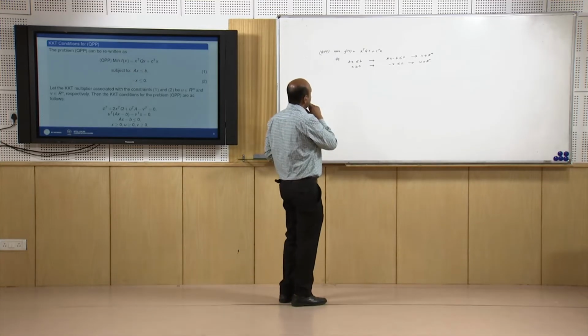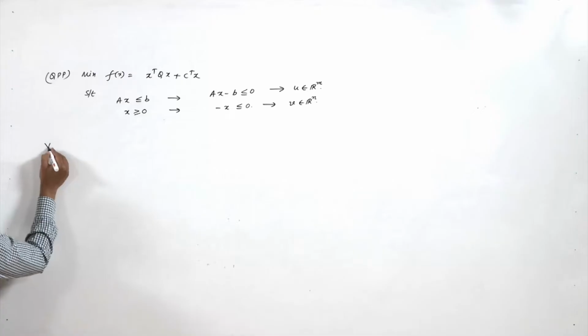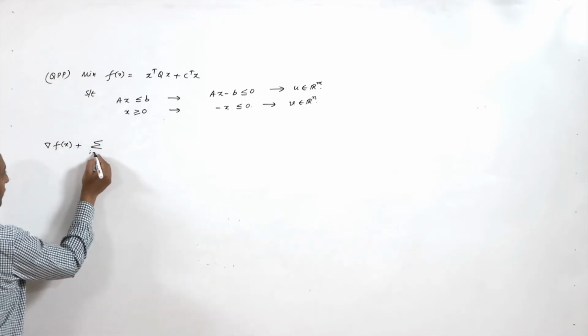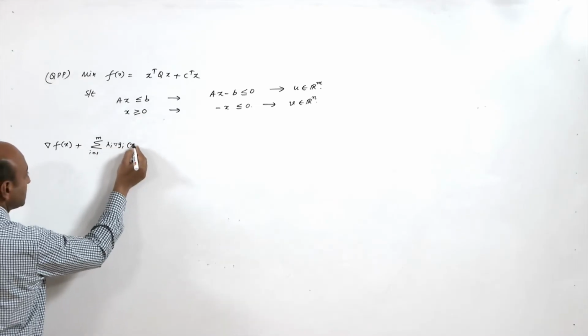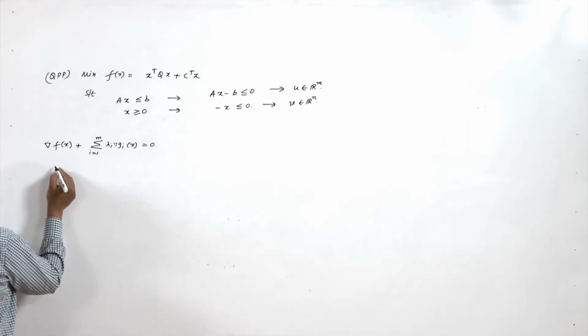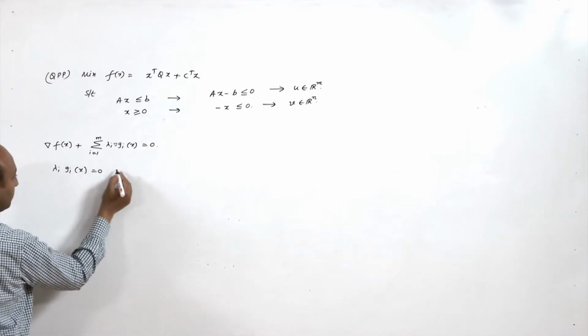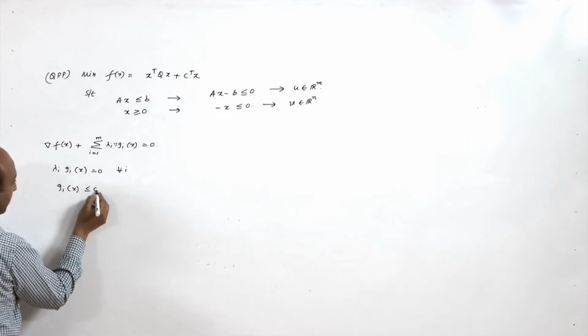Now, how to write the KKT conditions? We already know the KKT conditions are: gradient of f(x) plus summation i from 1 to m lambda i gi of x equal to 0, and lambda i gi(x) equal to 0 for all i, and gi(x) less than or equal to 0 and lambda i non-negative.